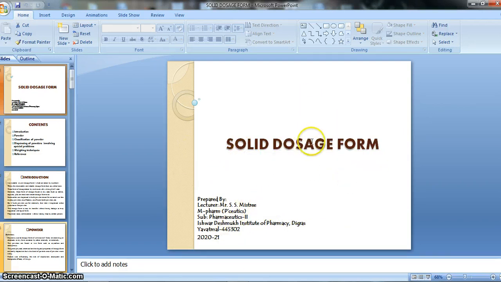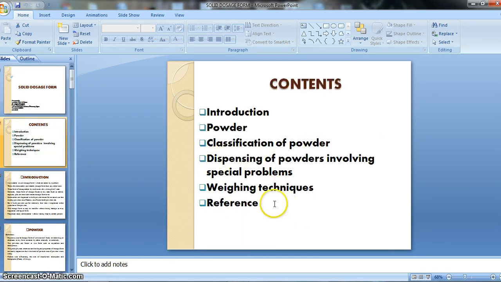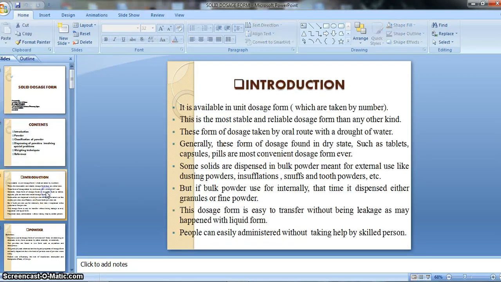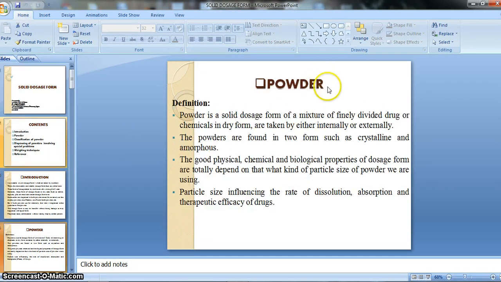So, this is our chapter, solid dosage form. We already began it. Yesterday we discussed the introduction regarding the solid dosage form, and then the powder.